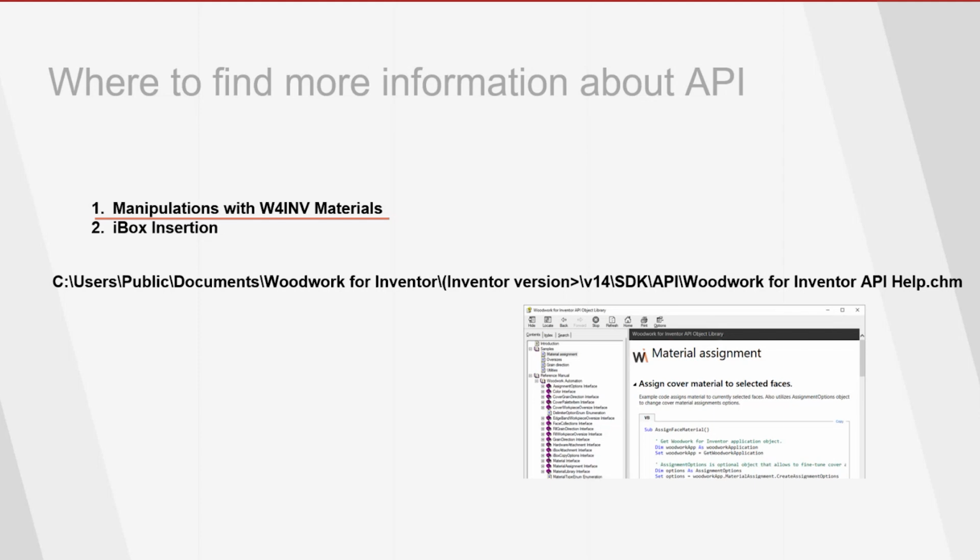In the help file, you will find class descriptions with a brief explanation of the properties and methods they bring. In the sample section, examples of program fragments are presented that perform one task or another, with a short explanation of what they do.